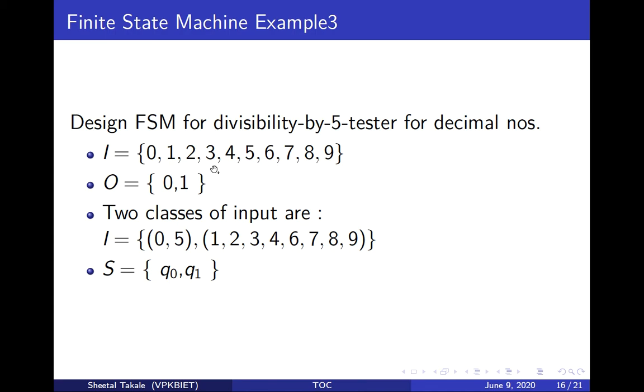The inputs are divided into two classes: if the number ends with 0 or 5, then it is divisible; otherwise, the number is not divisible. So there are only two states, one where it is divisible and one where it is not divisible.